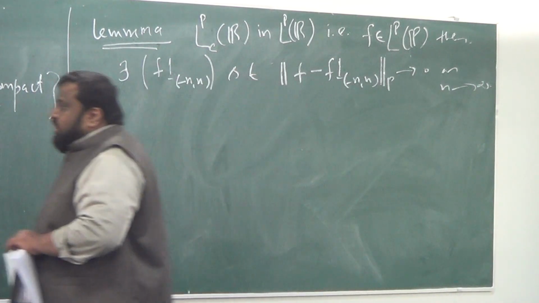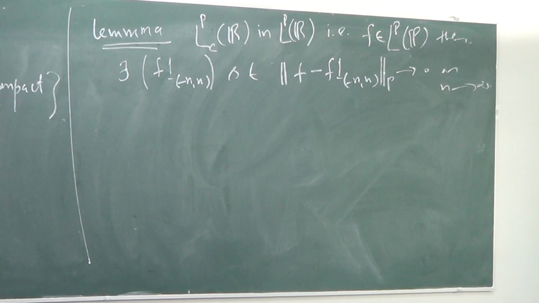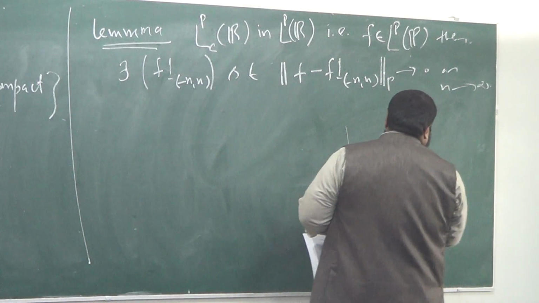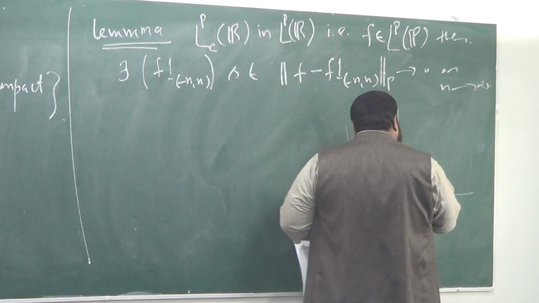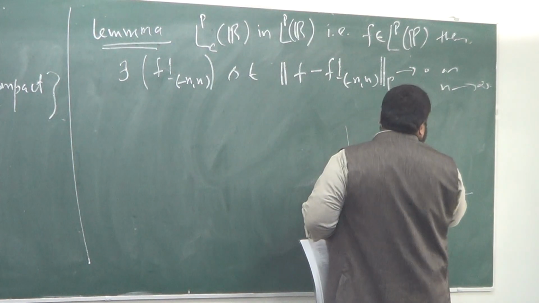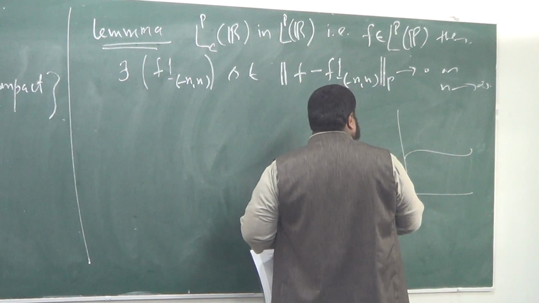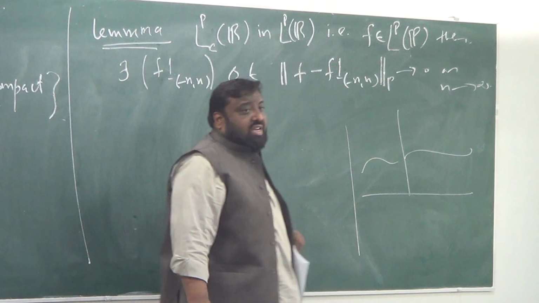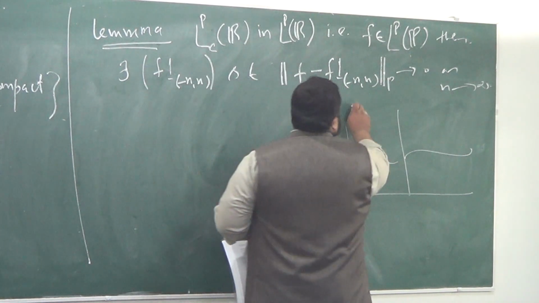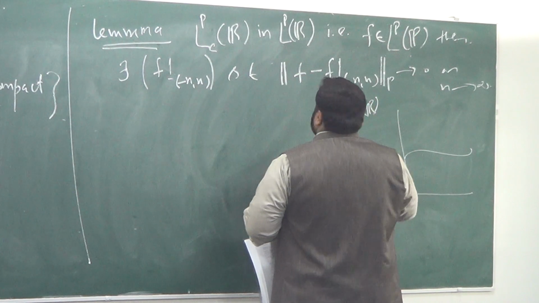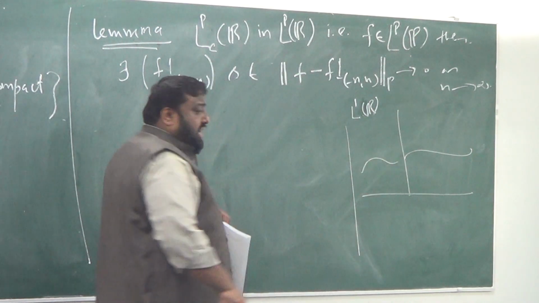And yesterday we also discussed what this precisely means pictorially. Imagine that I have some integrable function defined over R. It would look like this. So this is, for example, a function in L1 of R. Now what is this sequence telling me?